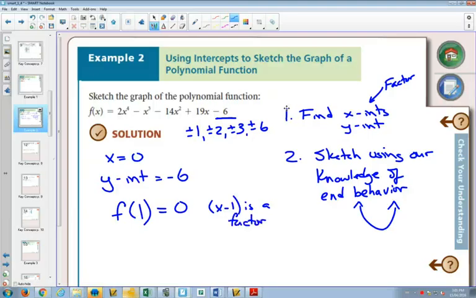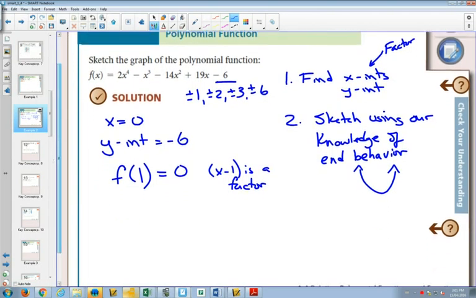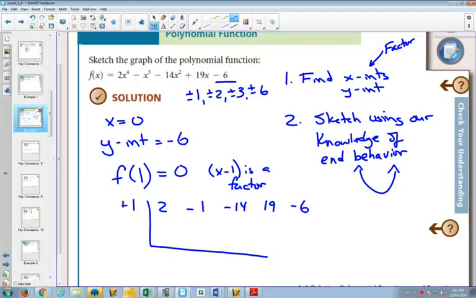So because f of 1 is equal to 0, x minus 1 is a factor, and we can use synthetic division. 2, -1, -14, 19, -6. And you put plus 1 here, bring down the 2.